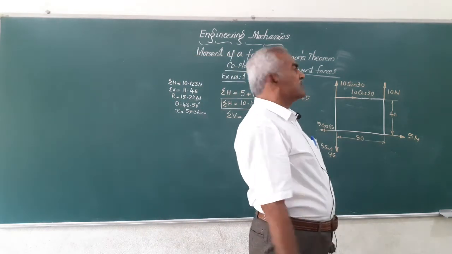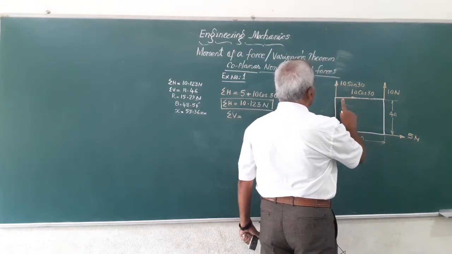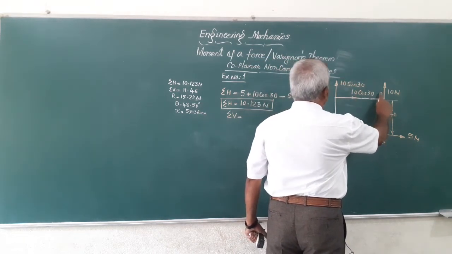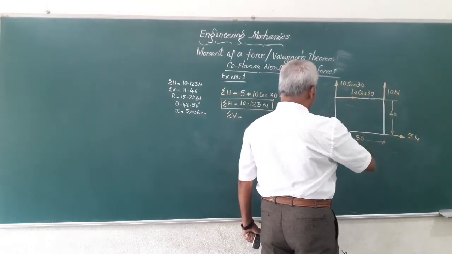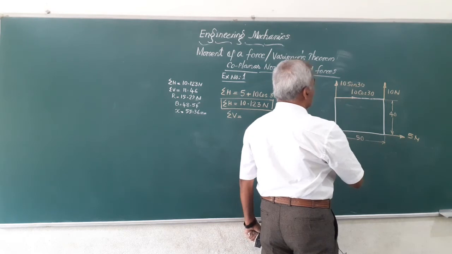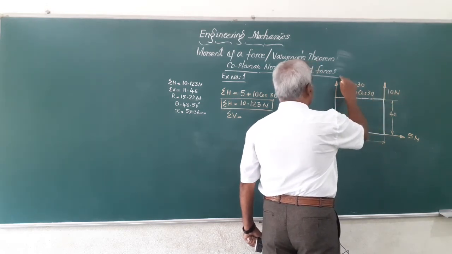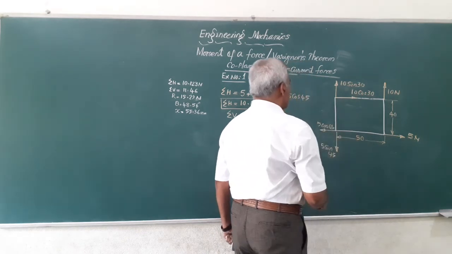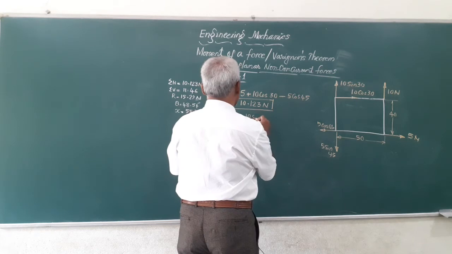If you refer to the figure, friends, you can see here 10 sin 30 is acting upwards, another 10 Newton is acting upwards, whereas this 5 sin 45 is acting downwards. So sigma V will be 10 plus 10 sin 30 minus 5 sin 45.